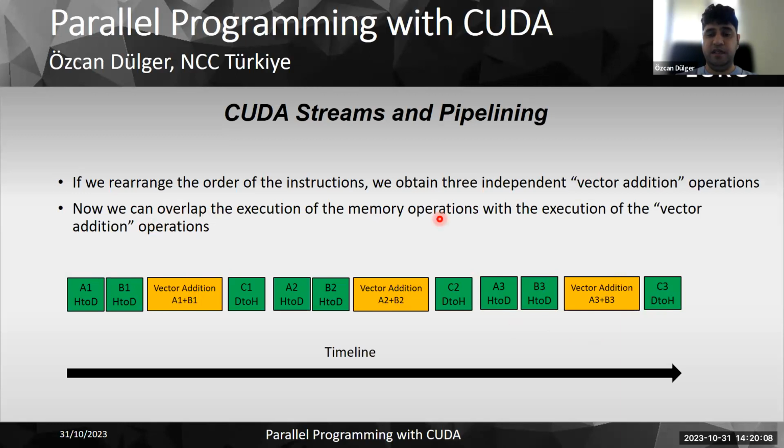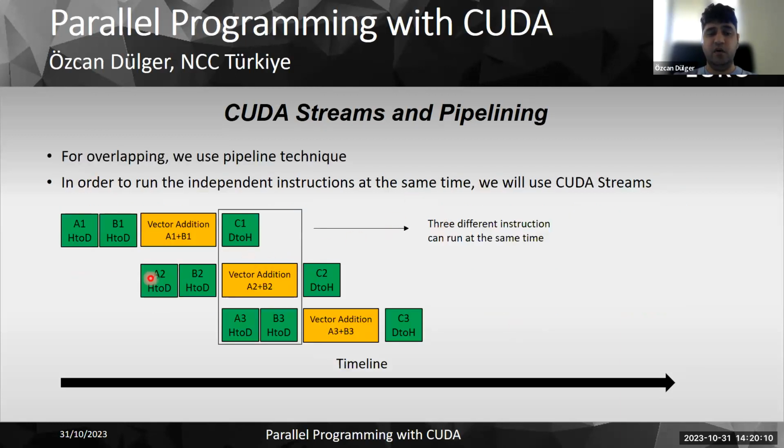How can we overlap them here? As you see, now we use pipelining, and we overlap here. We overlap the vector addition of the first part with the memory copy operation of the second part. The memory operations in the same part must still be serial, but the operations of different parts can be overlapped here.